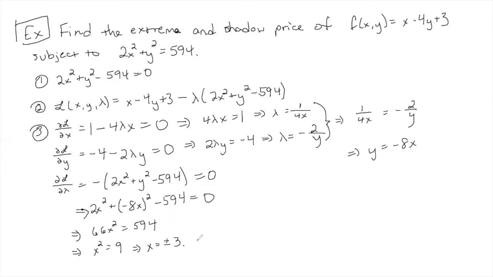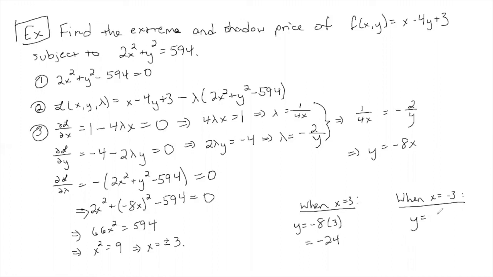Okay, so let's find the corresponding y values. Let's organize this a little bit better. When x equals 3, and I'll underline that, and when x equals negative 3, and I'll underline this. When x equals 3, y equals negative 8 times 3, so this is negative 24.